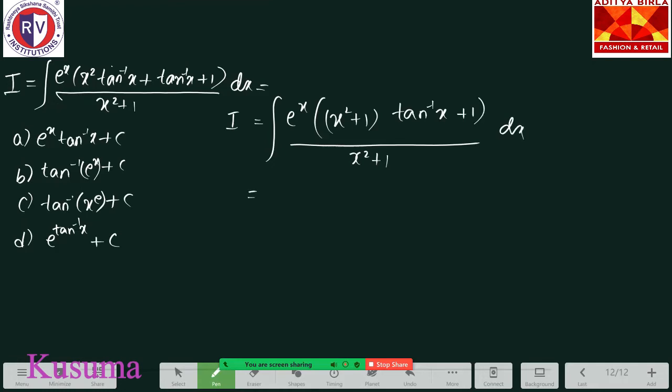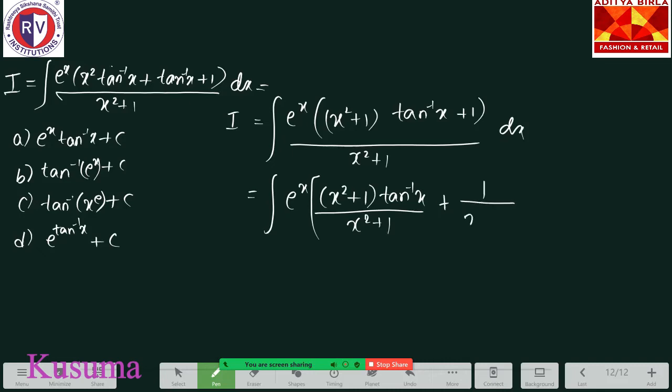So if we separate the terms, this will be e to the power of x into x square plus 1 into tan inverse x divided by x square plus 1, plus 1 by x square plus 1, into dx.